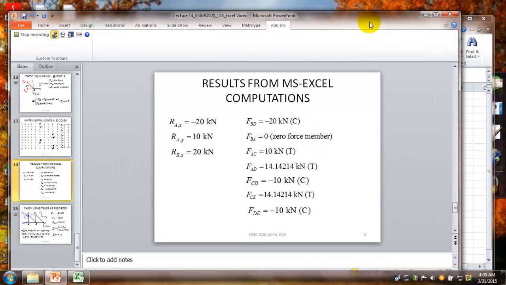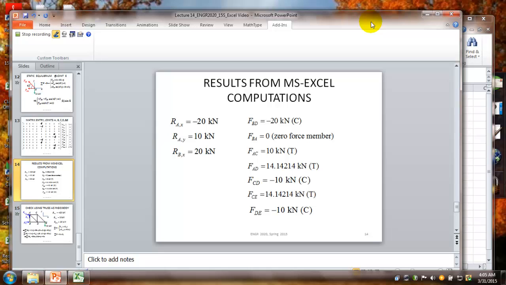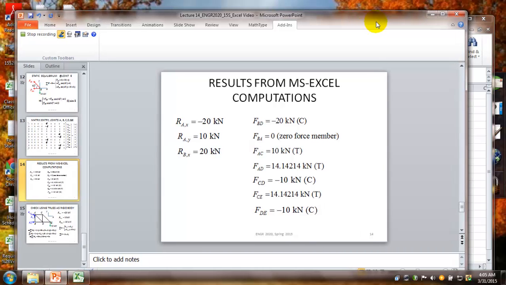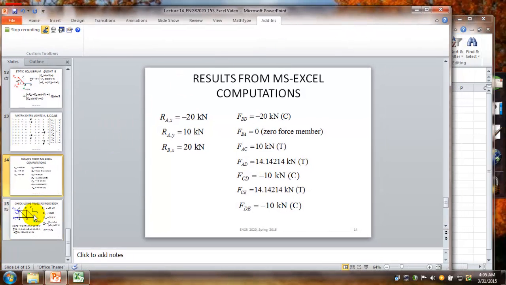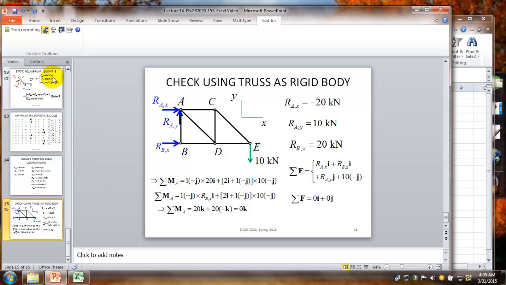But many times if the truss is too large, let's say if there were 20 joints, they would have 40 equations. You may not have time to do all the hand calculations for verification purposes. So in that case, the best way to verify quickly would be to check using the truss as a rigid body.